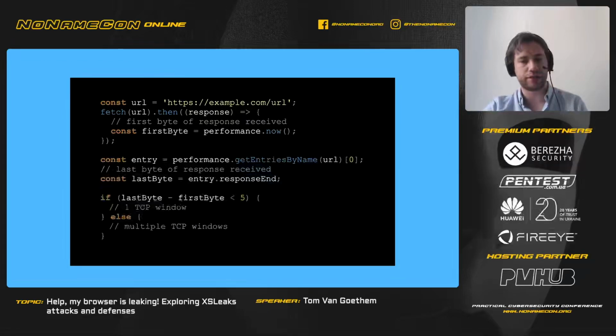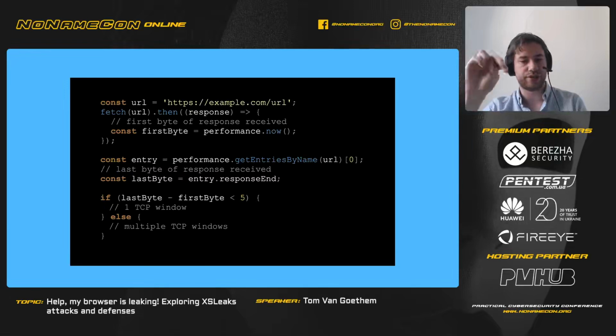Then later on we use the performance API to get the entry associated with this fetch, and look at the property responseEnd, which will indicate when the last byte of the response has been received.